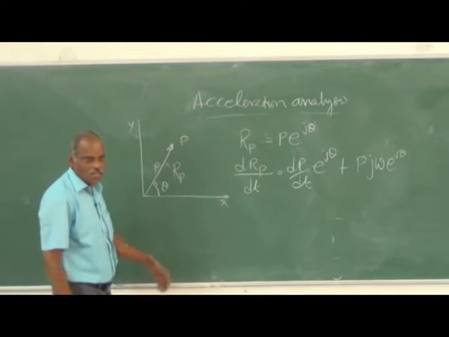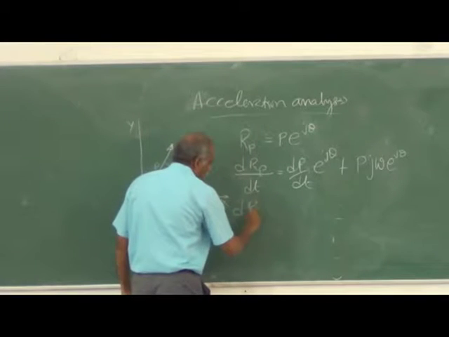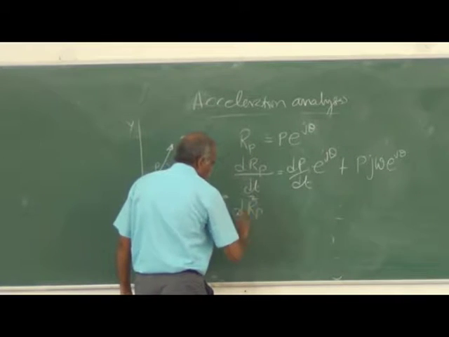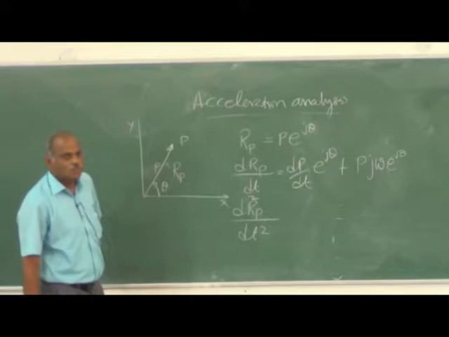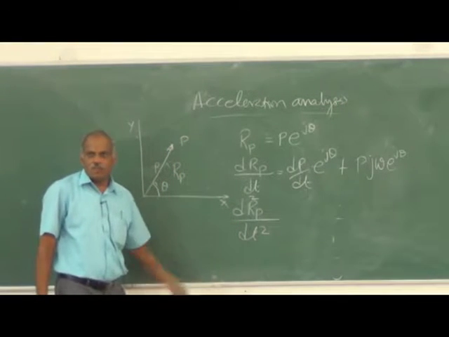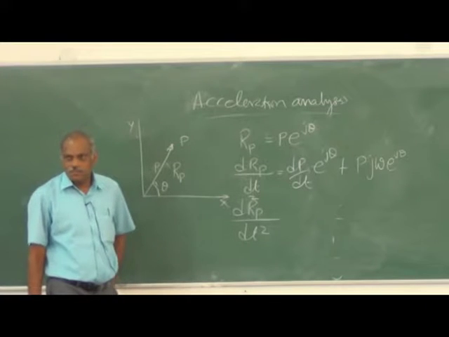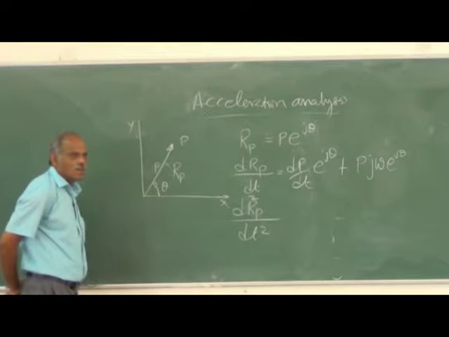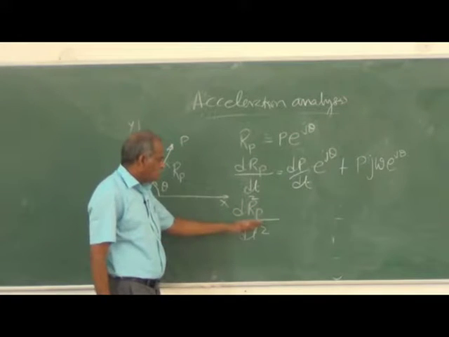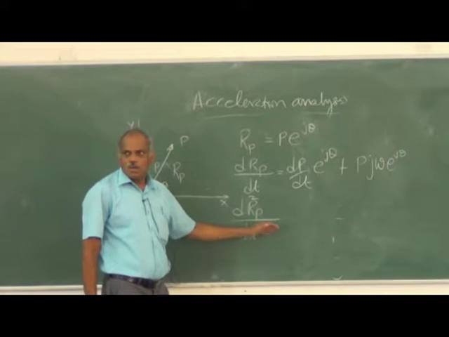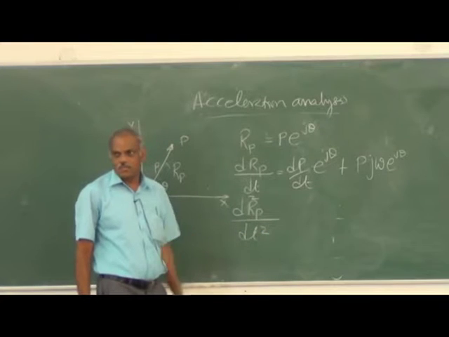The acceleration is the rate of change of velocity, d square Rp by dt square. So if you differentiate it once again, you will get the acceleration. So acceleration is the rate of change of the velocity vector.